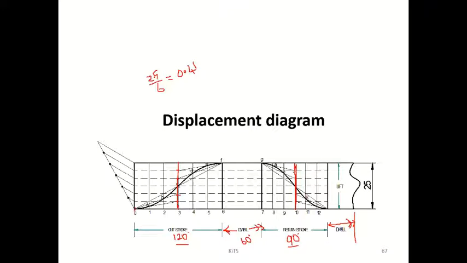Similarly, here also 4 mm each. Like this, you have to split it into 6 parts. Remember, split the middle line of each segment into 6 parts. This is 2.5 centimeter, so 4 mm, 4 mm. Like that, you have to split it.